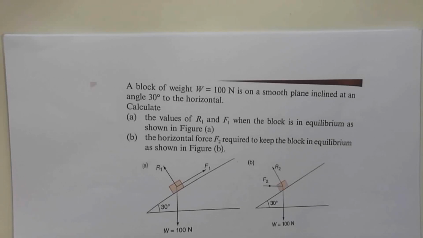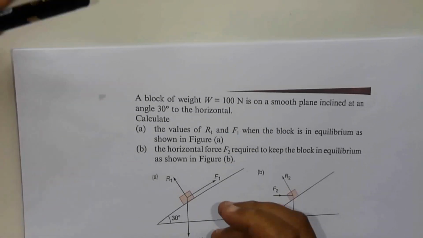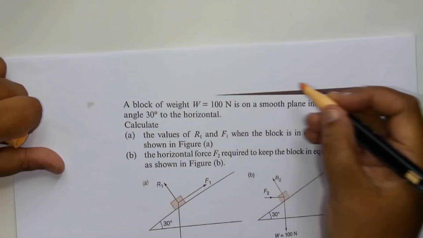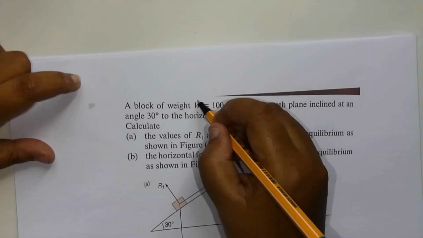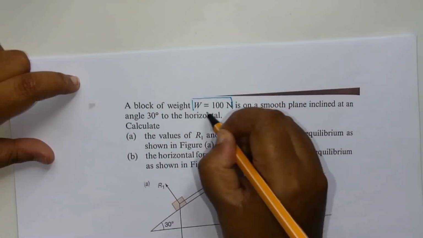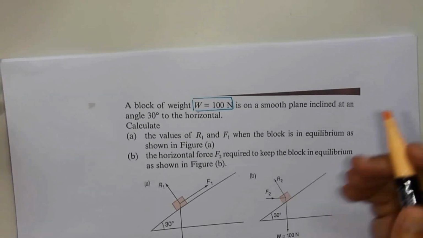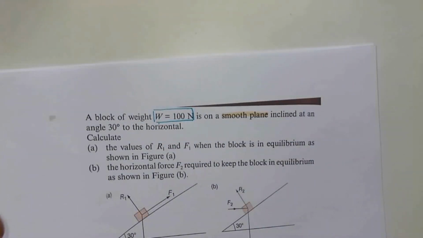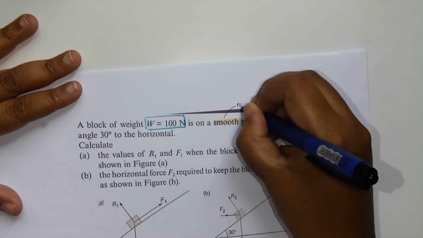The question says a block of weight W, which is 100 Newton, is on a smooth plane. Now, smooth plane gives us the information that there is no friction force.